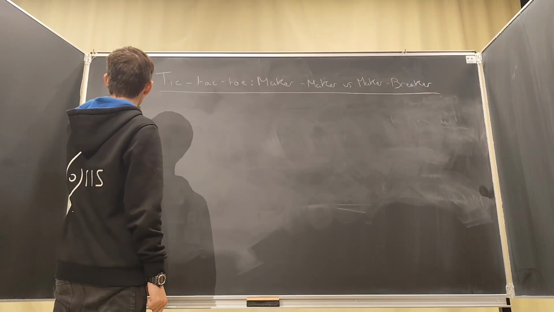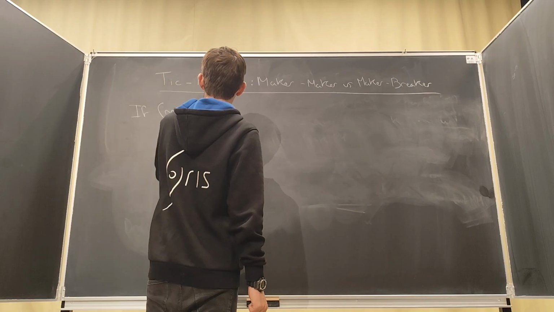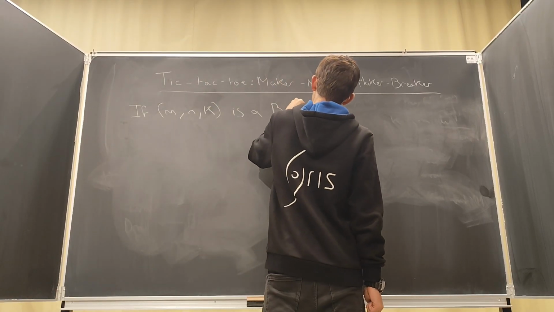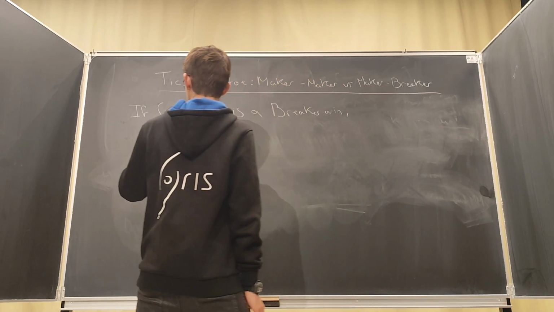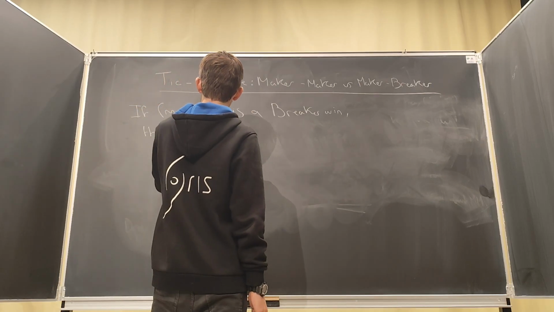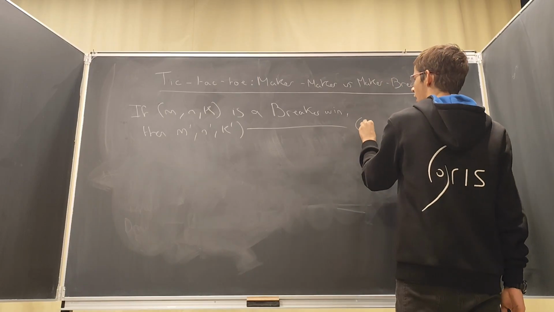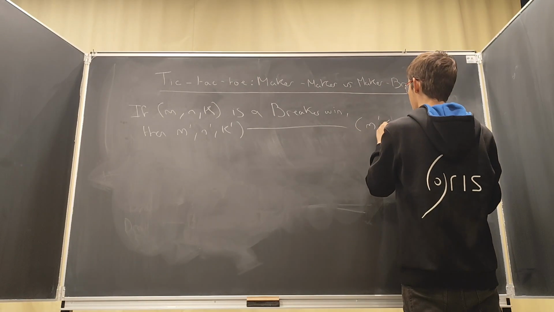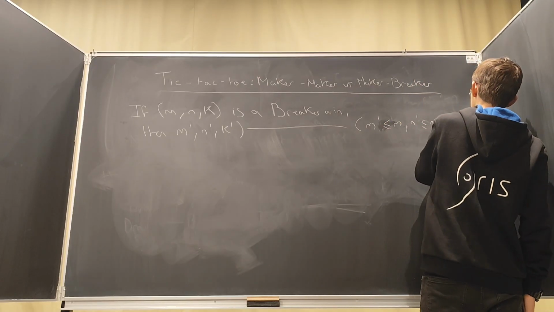So, if the M, N, K game is a Breaker win, okay, then M prime, N prime, K prime is always a Breaker win when you have M prime smaller than M, N prime smaller than N, and K prime greater than K.